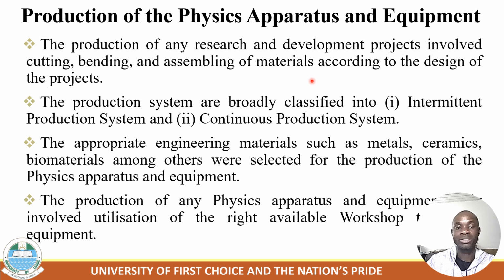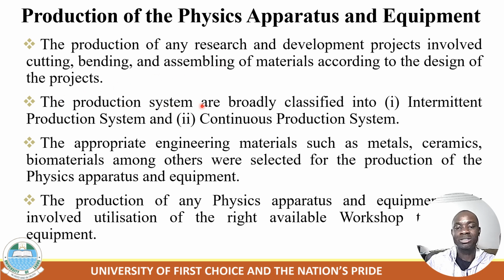Production of physics apparatus and equipment entails, for any research and development project, cutting, bending, and assembly of material according to the design of the project. So, cutting, bending, and assembly of the material have been carried out in other aspects of this course, which we step up to production level.